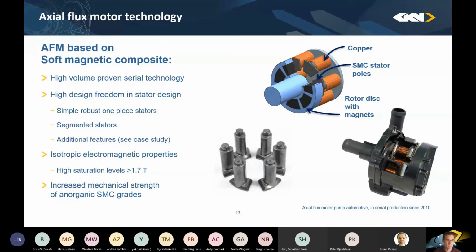And especially the powder development guys are strongly working on increasing the mechanical strength, and with current powder grades which are available, which are based on inorganic insulations, the mechanical strength is increased quite well compared to what we had several years ago. So one of the common concerns known by customers is that SMC is too brittle, but that's a point where we can show our customers very often with the prototypes and the demonstrators that it's not the case anymore.